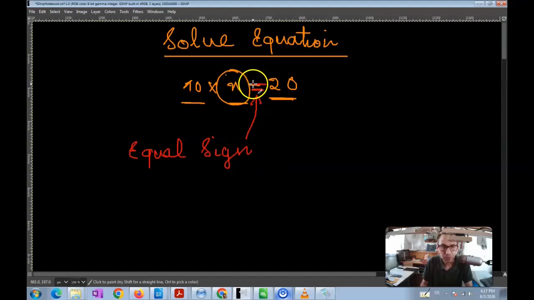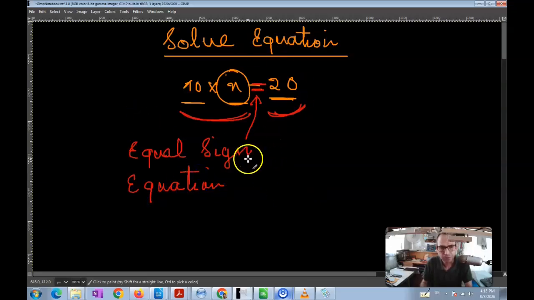When you have an equal sign, you put something on the right hand side and something on the left hand side, and these two things are supposed to be equal. Because these two are supposed to be equal, you call it an equation, right?